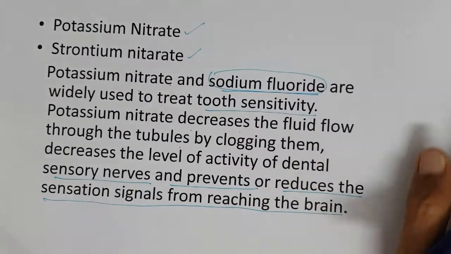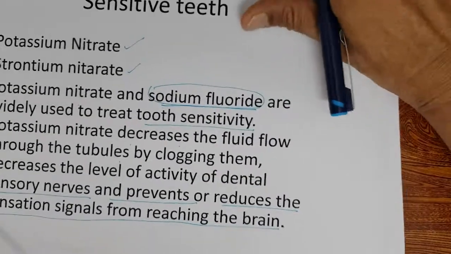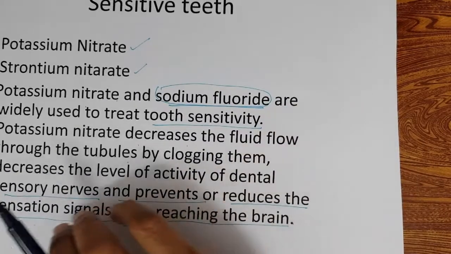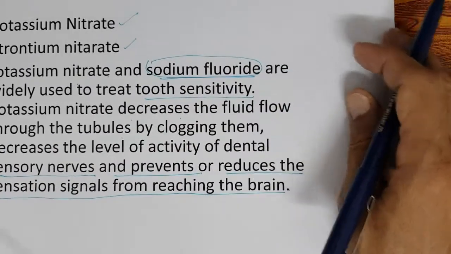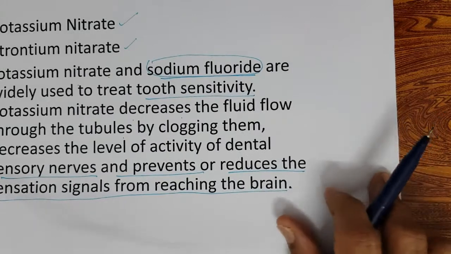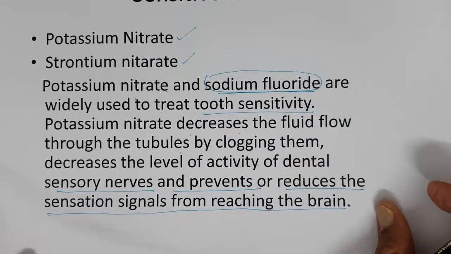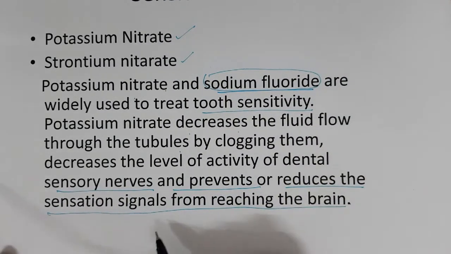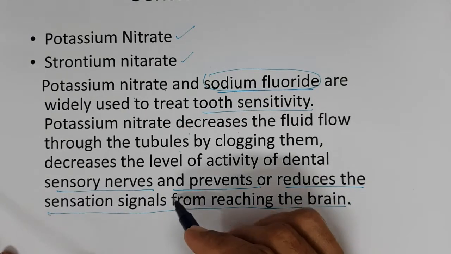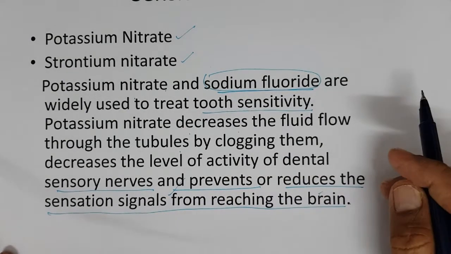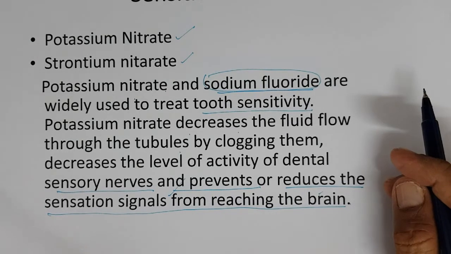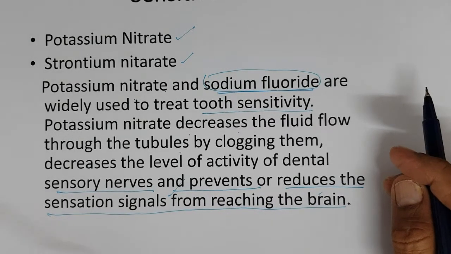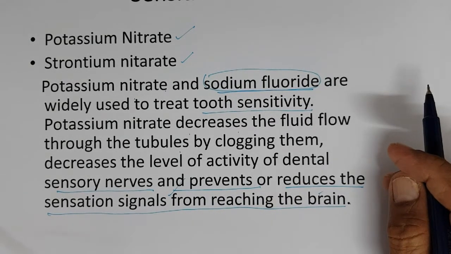So the first aspect of controlling sensitive teeth is to use potassium nitrate and strontium nitrate and reduce the sensation signals from reaching the brain. The second most important way to address sensitive teeth is through remineralization of the teeth.